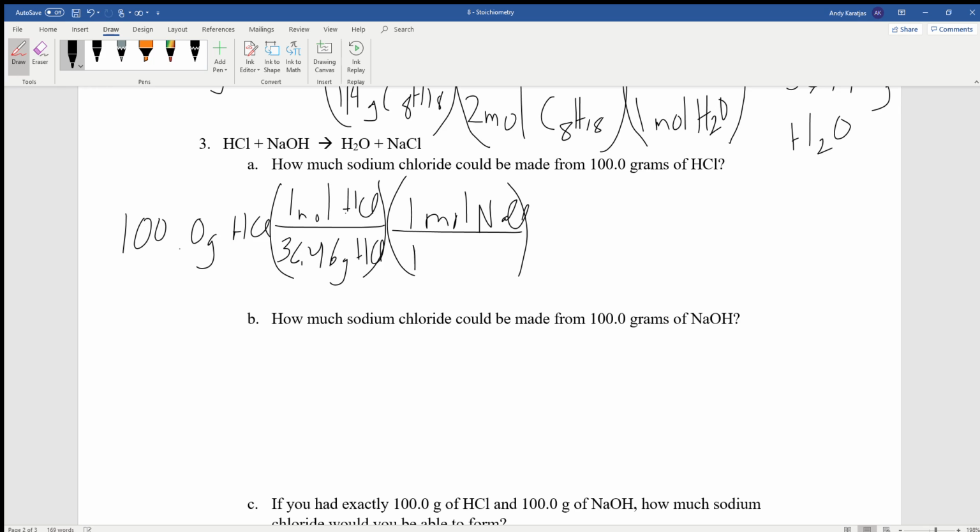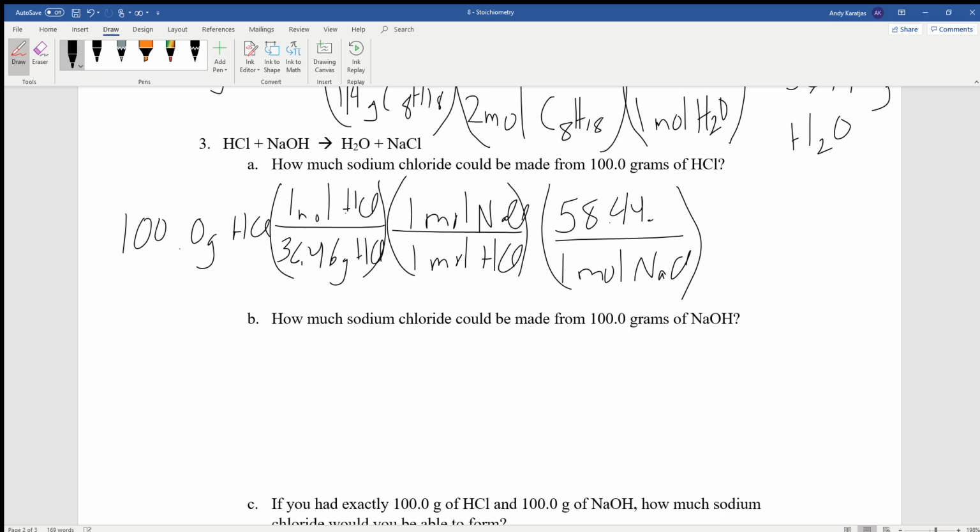You'll notice I didn't say anything about balancing this equation, and the reason is that it's already balanced. And then we can go from moles of sodium chloride to grams. And so our 100 grams of hydrochloric acid are enough to make 160.3 grams of sodium chloride.